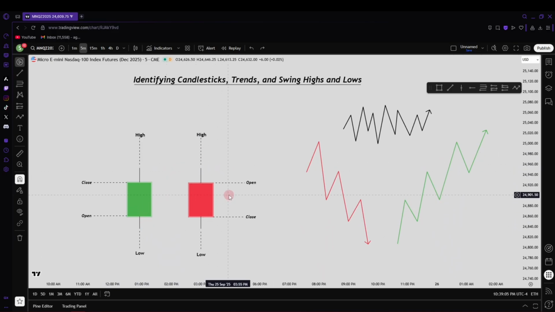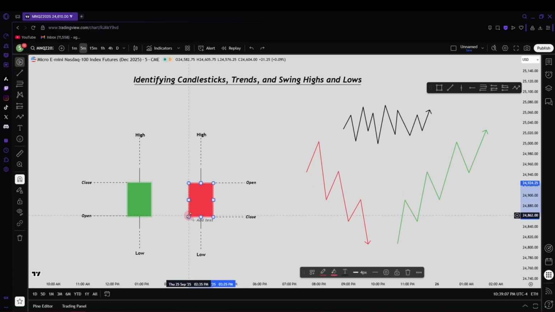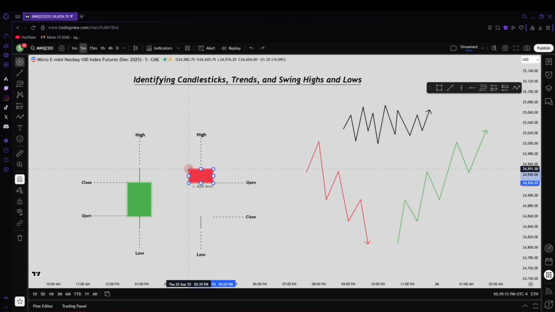And for bearish candles, price would have had to open high, low, close, thus giving our bearish candle.